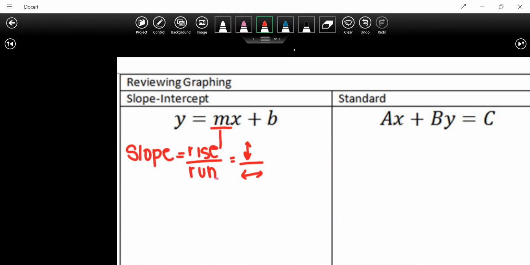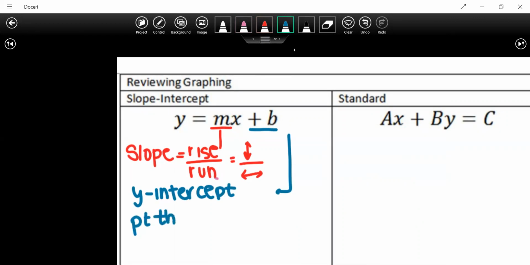The b portion, our plus b, is our y-intercept. Our y-intercept is basically where a point crosses the y-axis.